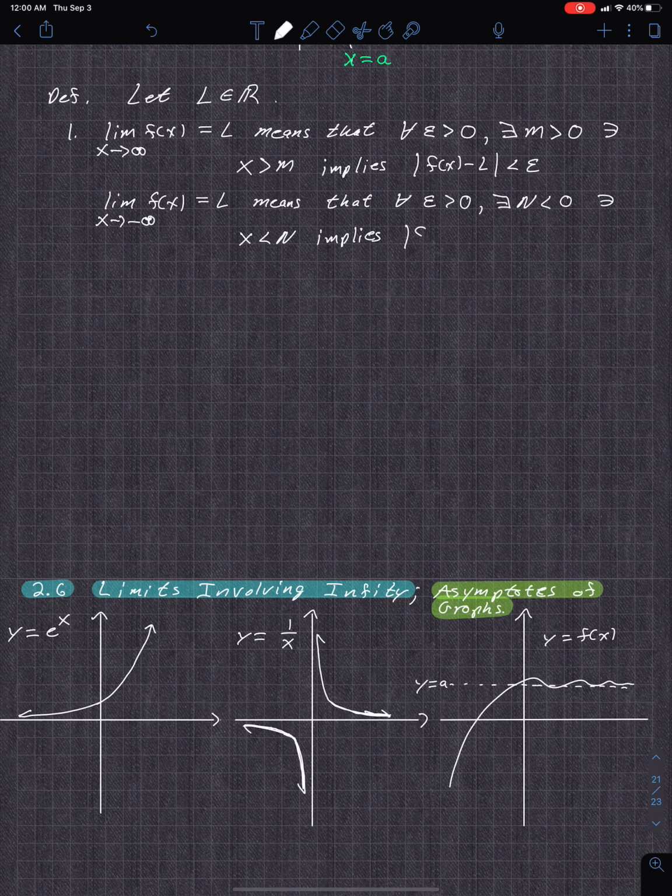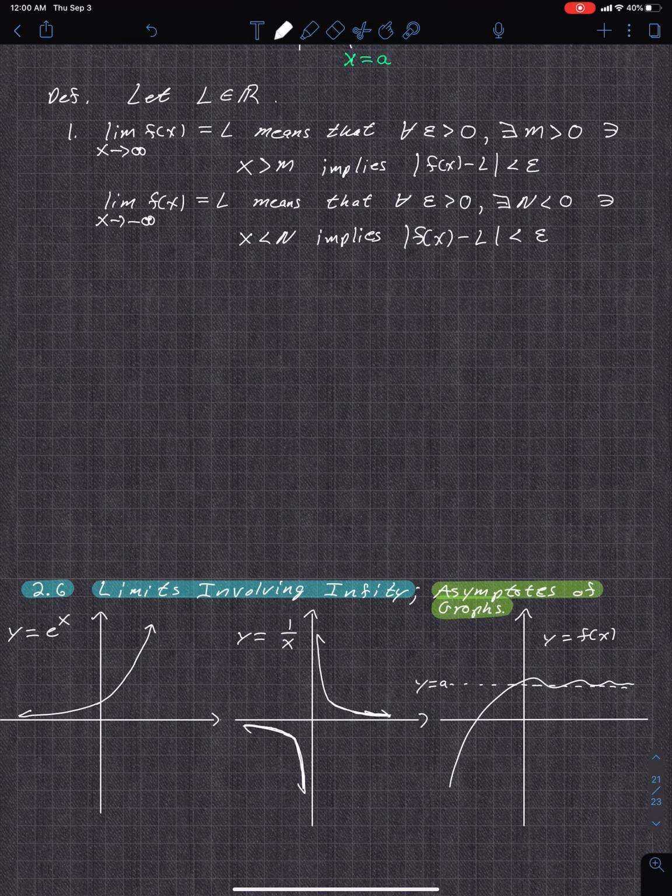Implies that the absolute value of f of x minus L, remember, absolute value you might have been taught as distance from. So the distance from L is as small as you need it to be. So that's less than epsilon.